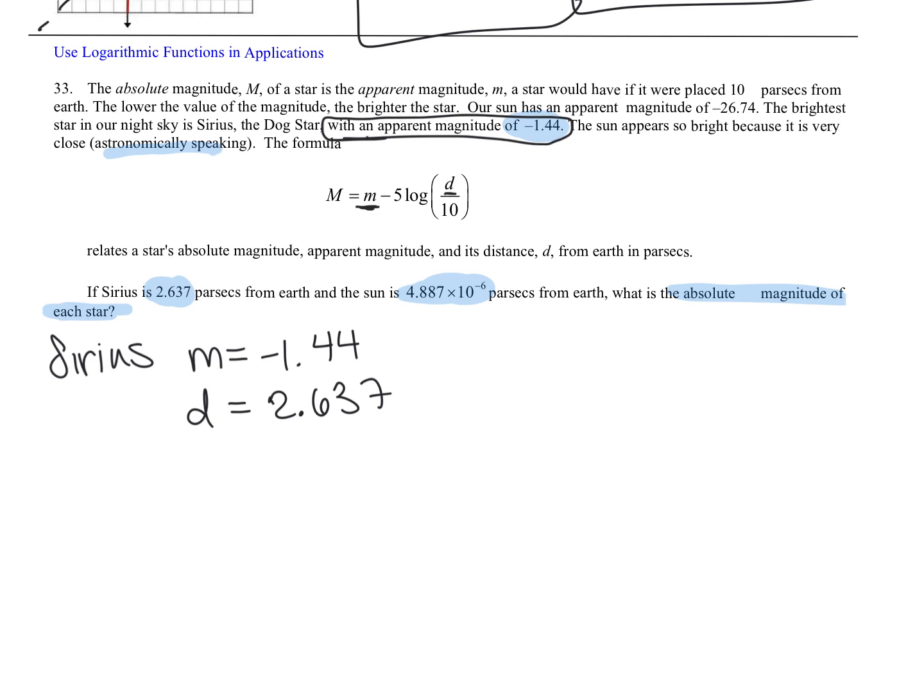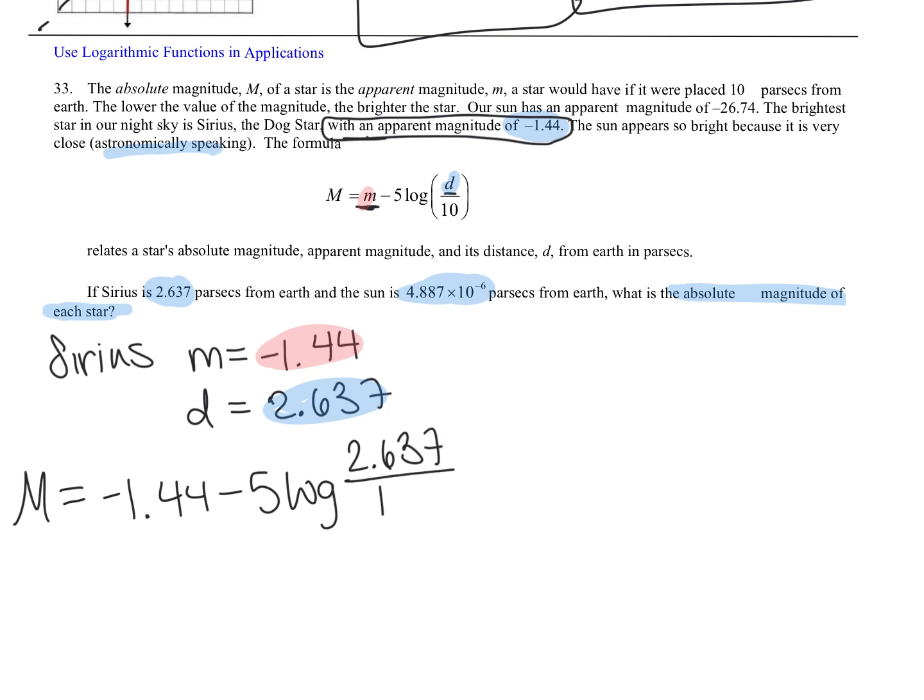So we're just taking the information they gave us and plugging it into my formula. This seems like a very difficult problem, but it's really not that bad. So M is equal to negative 1.44 minus 5 log of 2.637 over 10.